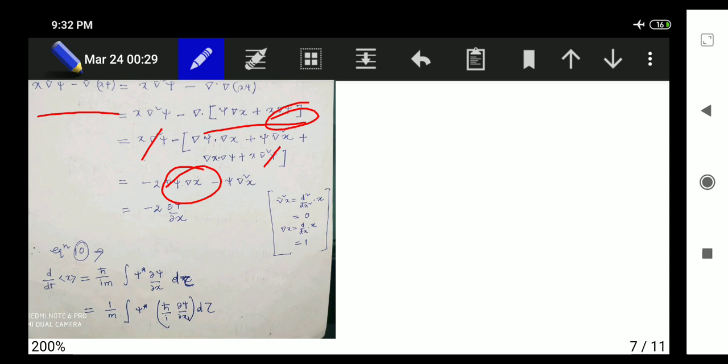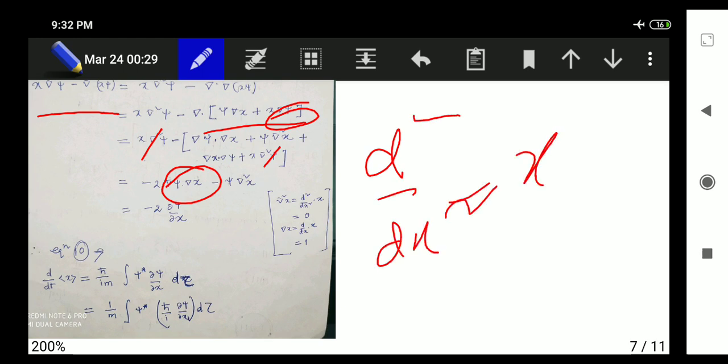Now del 2 means what? In one dimension it's d2/dx2. So you are doing d2/dx2 of x. What you'll get? You get 0, because first you will do d/dx of x is 1, then you will do d/dx of 1 is 0.